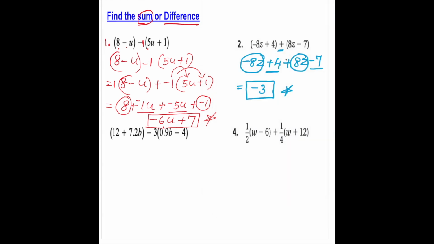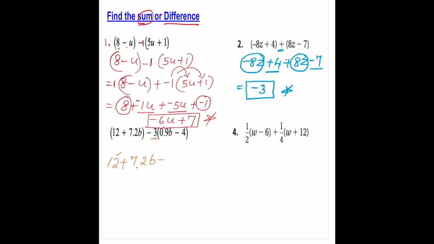Let's look at the next problem, where you have a subtraction problem. Again, we have a distributive property to do because there is a number outside. So let's write the first expression, 12 plus 7 and 2/10 of b, and there is no number outside. That means we are taking only one time of that quantity.